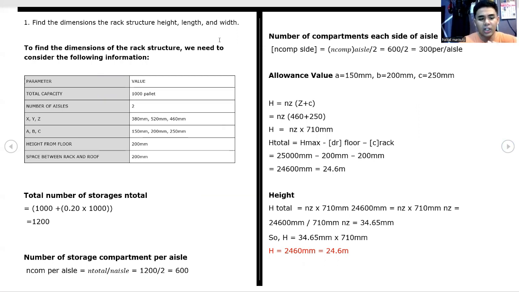For the total number of storage compartments, we use the 1,000 pallets.